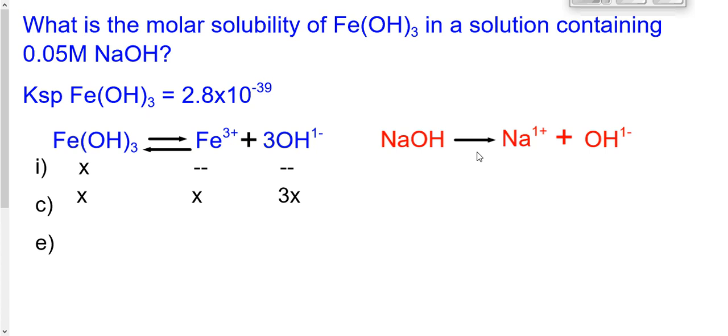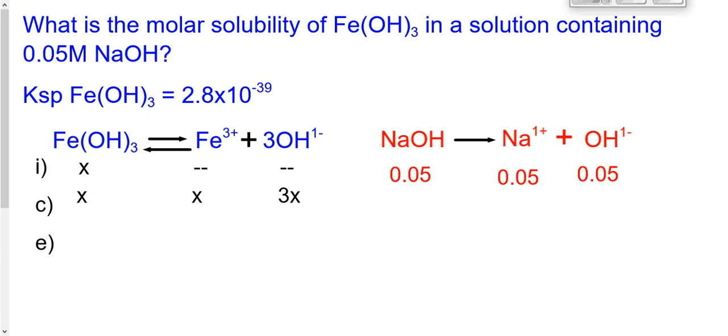That means all of it will break down. We've put 0.05 moles per liter of sodium hydroxide into this container. Since we know that all of it is going to break down, we will get 0.05 moles per liter of sodium ions and also 0.05 moles per liter of hydroxide ions.